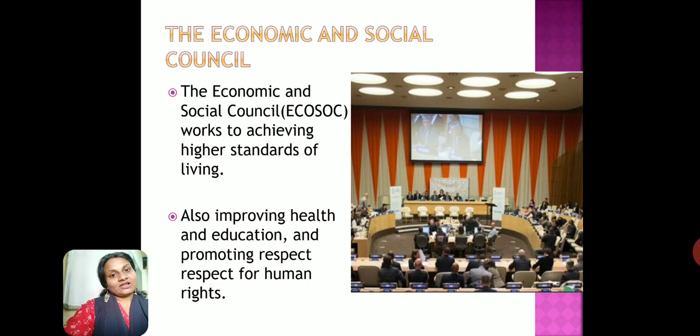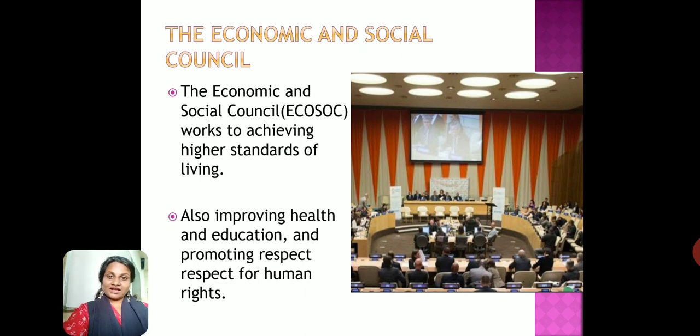So what does the ECOSOC do? The Economic and Social Council works all over the world to improve the living conditions of the entire world. It is supposed to take care to improve the conditions of living, that is the economy of countries all over the world, and a higher standard of living. What does that mean? It means improving the way people live.